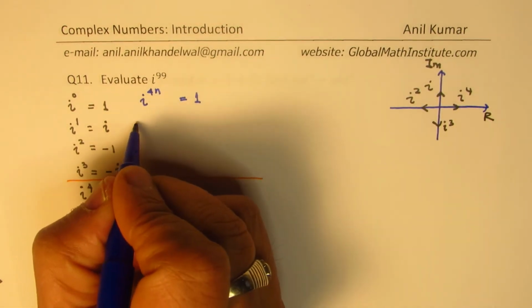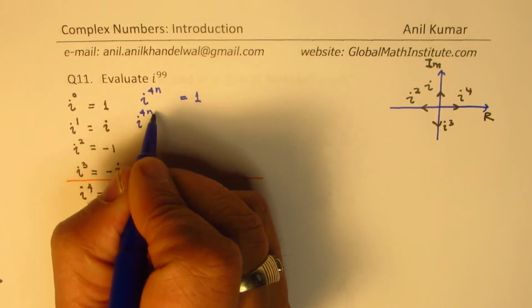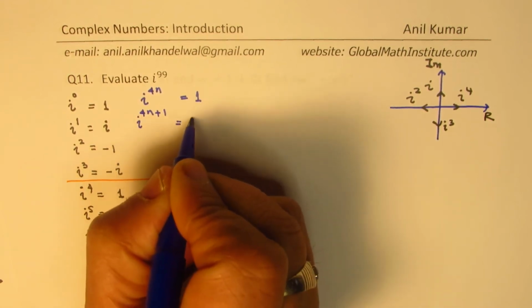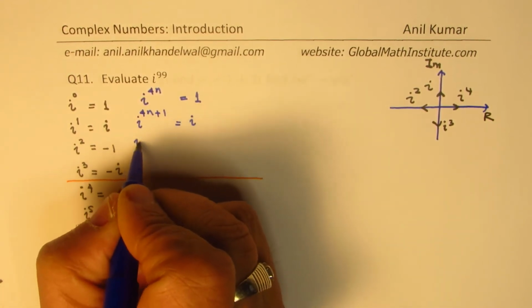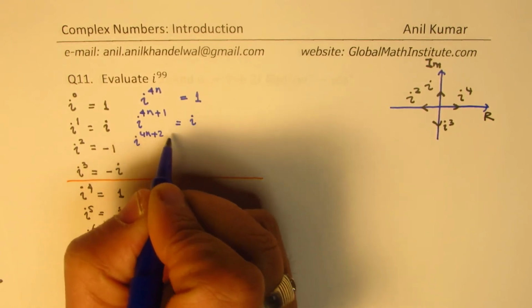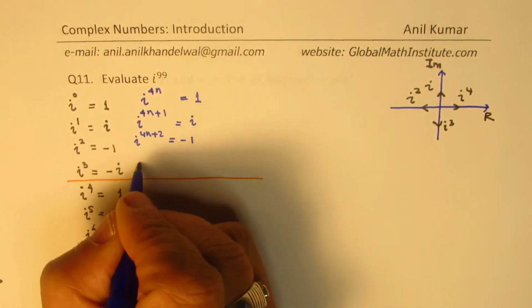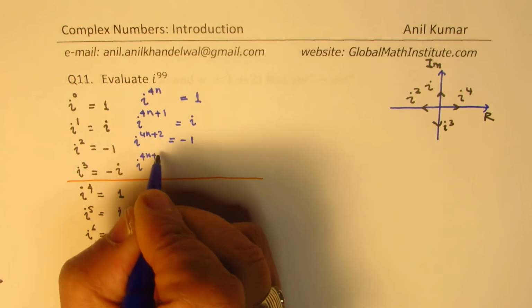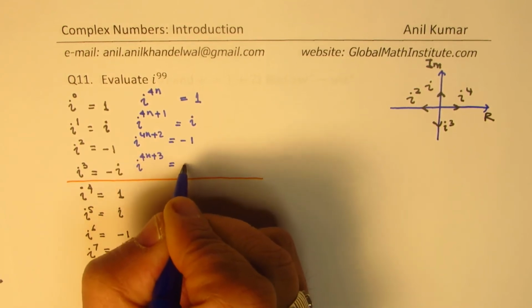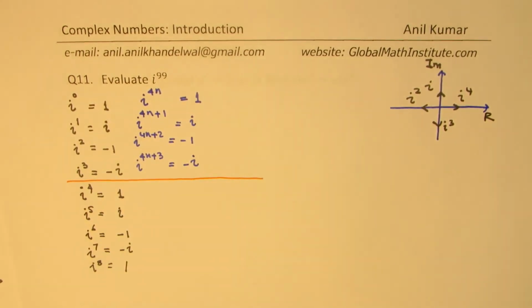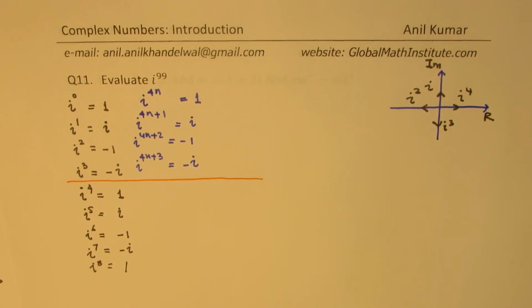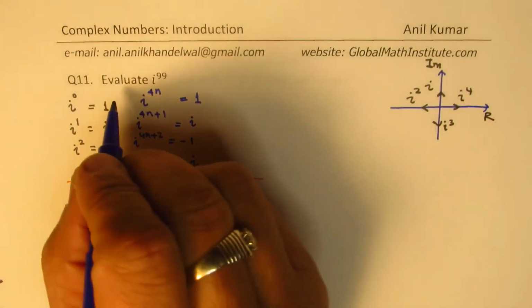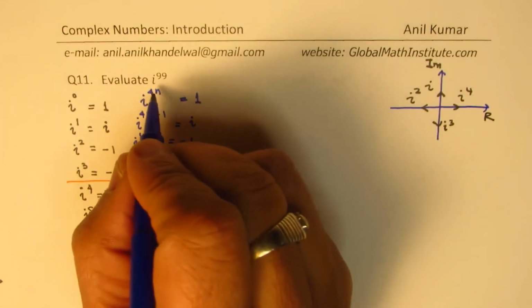So i to the power of 4n plus 1 is basically i. i to the power of 4n plus 2 is minus 1, and i to the power of 4n plus 3 is minus i. Do you see a pattern here? Now you can use this pattern to find any powers of i.